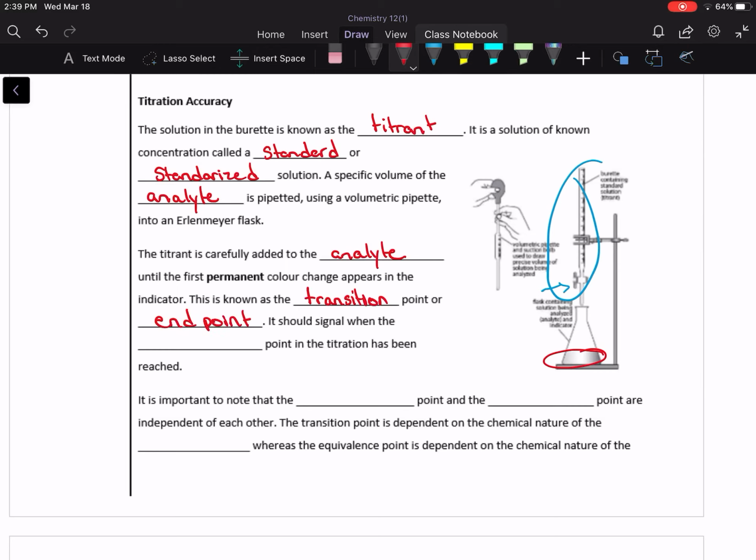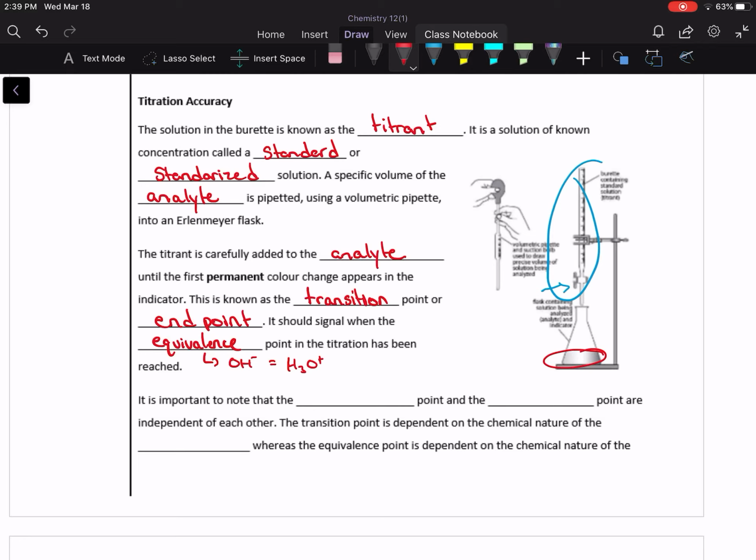It should signal when the equivalence point in the titration has been met. So remember, the equivalence point is when the amount of hydroxide ions equals the amount of hydronium ions.